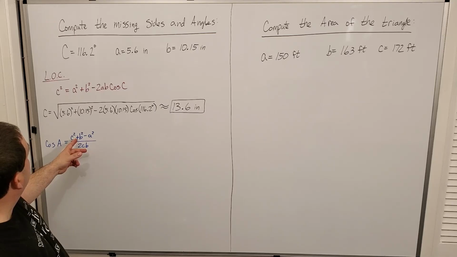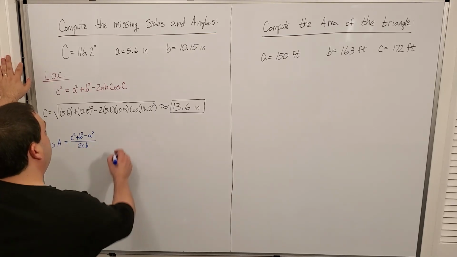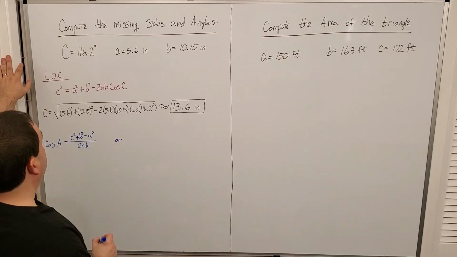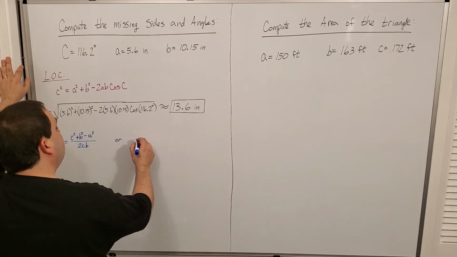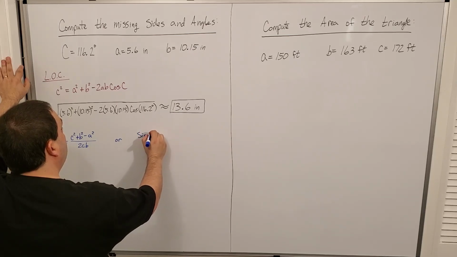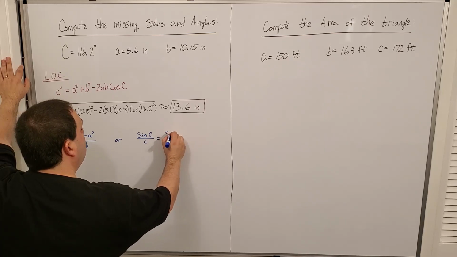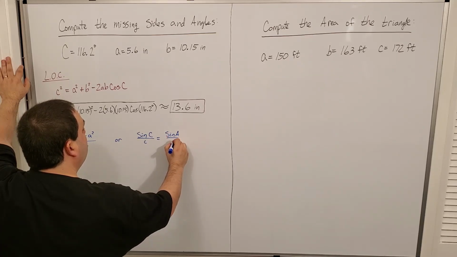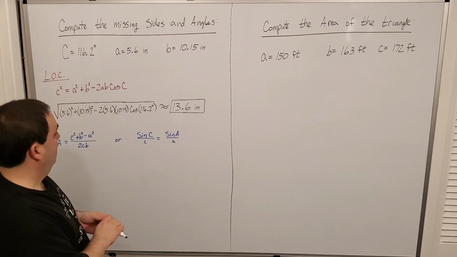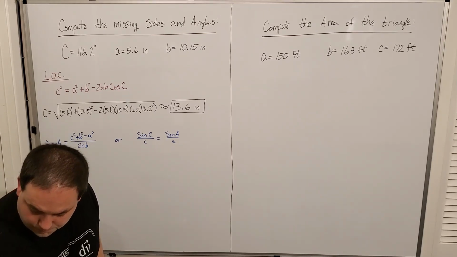That's why these are reversed as they are. Okay, so I could do this, or I could use law of sines, which would give me something like this. I would have the sine of big C over little c is equal to sine of A over little a. One way or the other, I could find big A using one of these two.